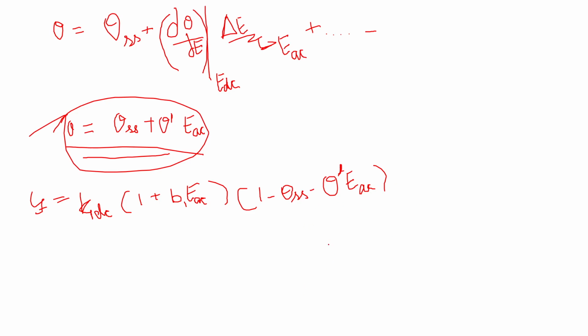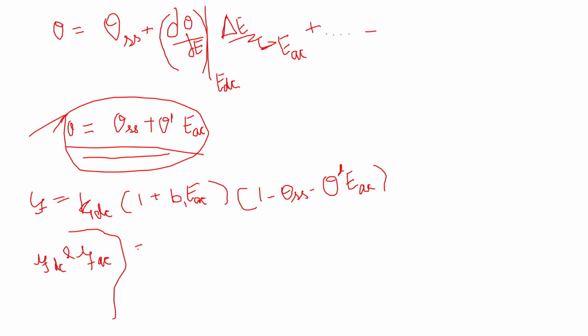We have to come out with the d by d theta. Yeah, d by d theta is left. But before that, I just wanted to separate IFDC and IFAC, right? So that's the equation which we want, right? So I'll separate.